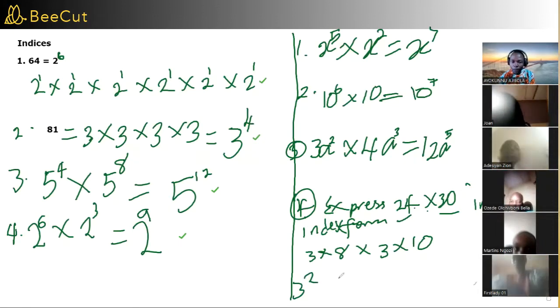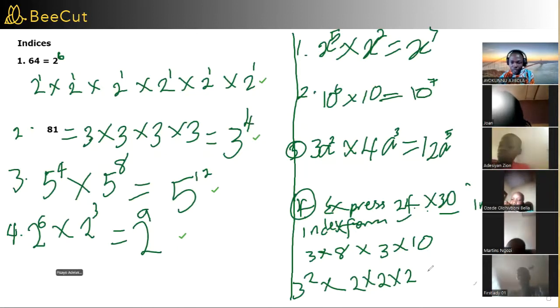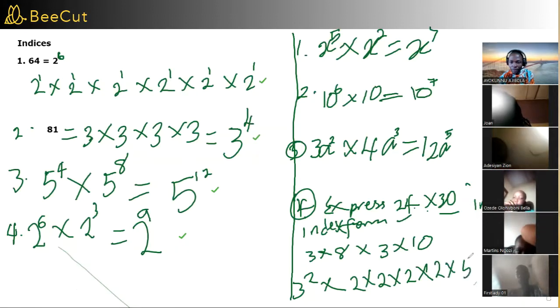Then this 8 can still be treated into 2 times 2 times 2. Yes or no? So 2 times 2 is 4, 4 times 2 is 8. And we still have 10. 10 can be split into what? 2 times 5.